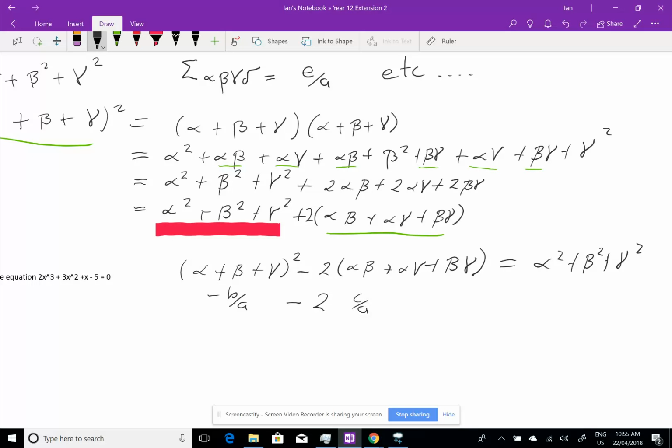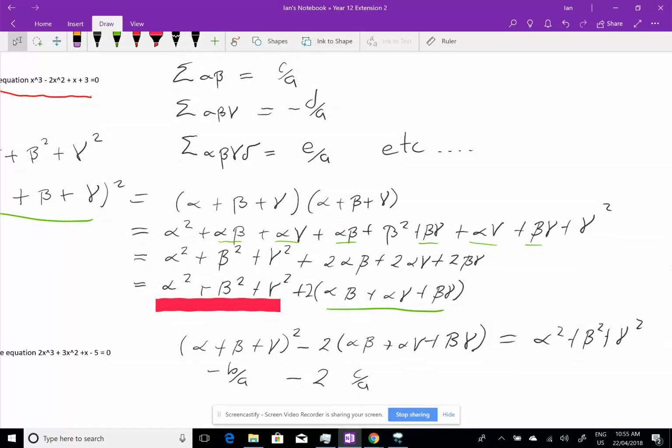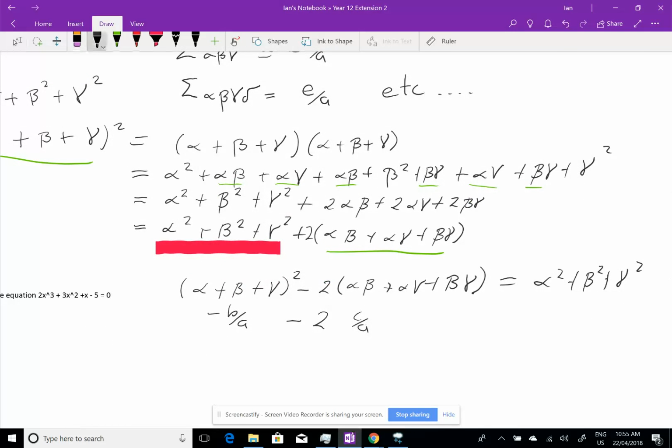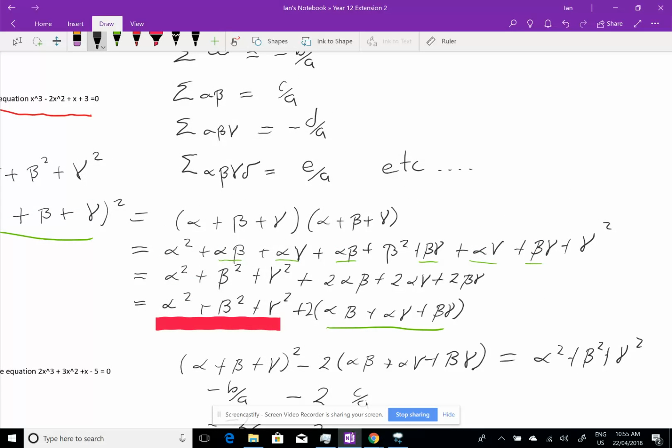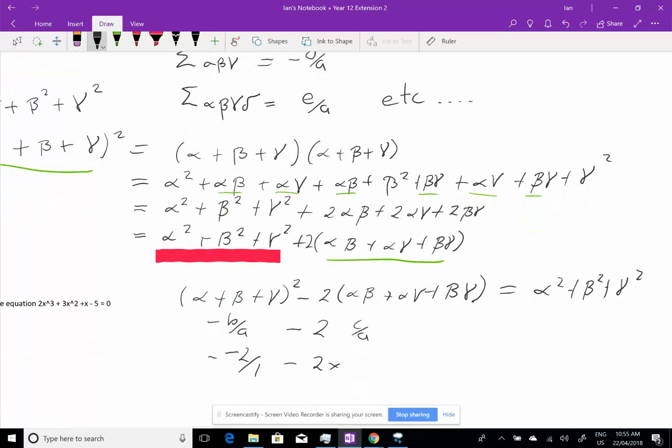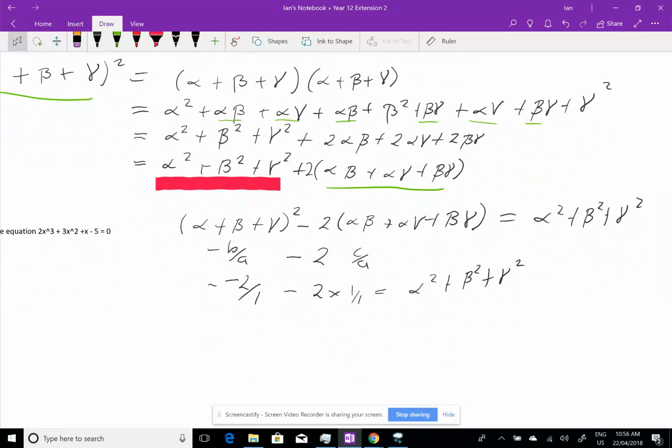And if I look back at my equation, minus b is minus minus 2, minus minus 2 on 1, minus 2 times, and what's c? 1 on 1, equals alpha squared plus beta squared plus gamma squared, which gives me, oh, I've got to square that.